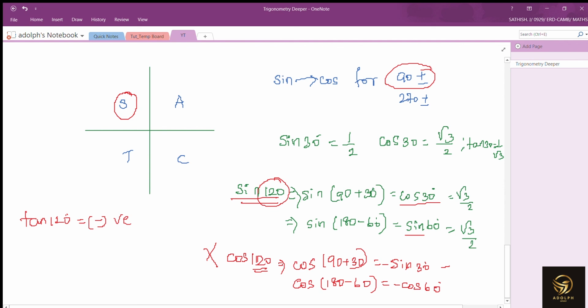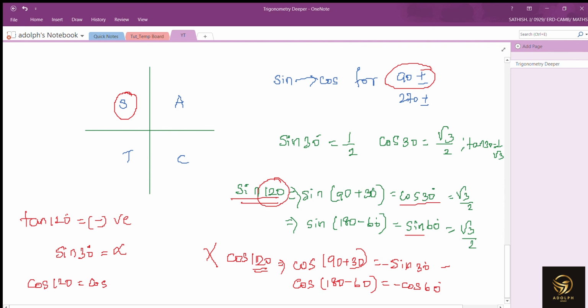For example, if they give sine 30 as the value, it is something alpha, and then they are asking what cos 120 is, then you know that cos 120 can be written as cos 90 plus 30.